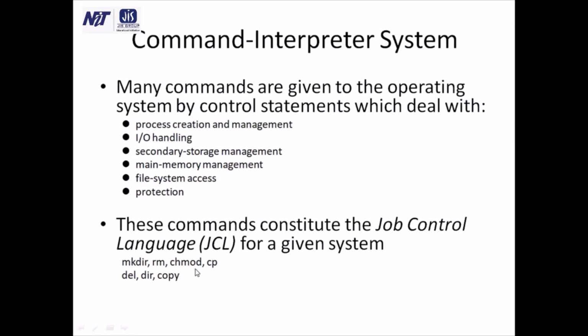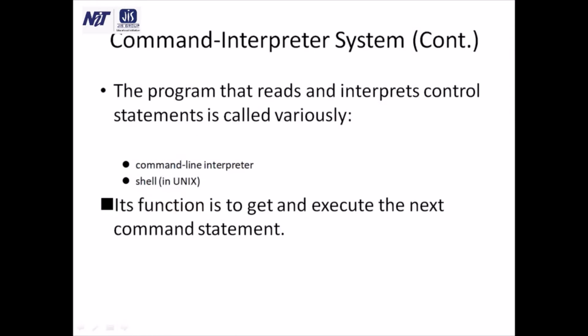To copy, we use the cp command. Del to delete something, and directory commands, copy. These are some commands. The program that reads and interprets the control statements is called variously the command line interpreter and shell. Its function is to get and execute the next command statement.